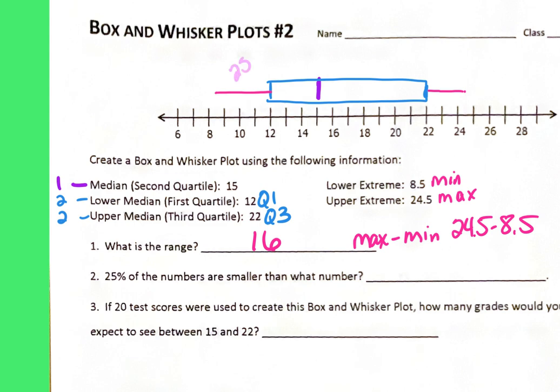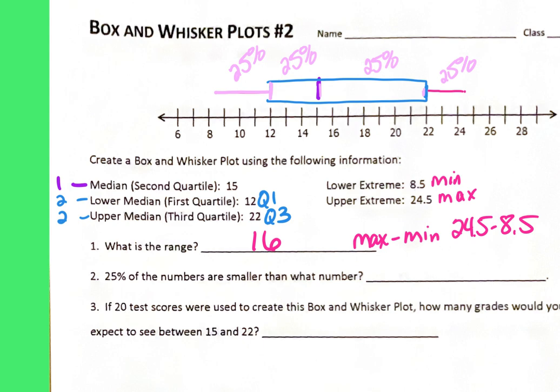This is 25% of the data here from this box to this end. And then when you go into the next quartile, this is 25% of the data. And then when you go from the median here to the end, that's 25% of the data. Even though it looks very big, it's still 25%. And then you have 25% of the data here. So it's kind of split up.